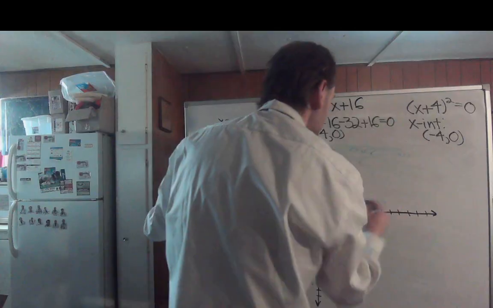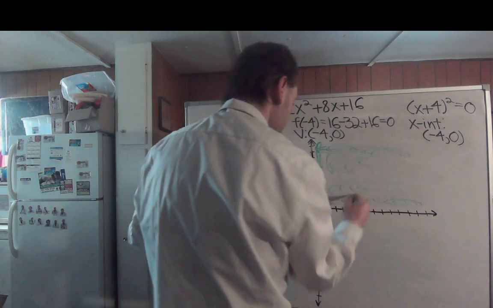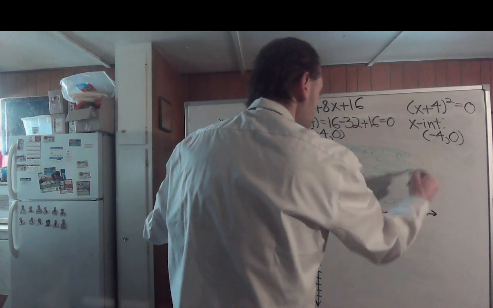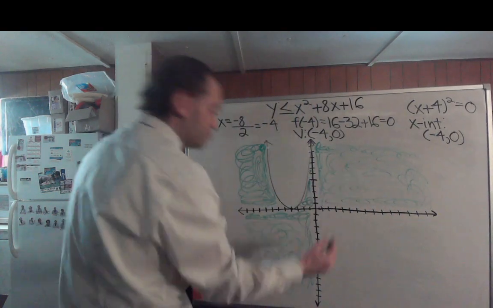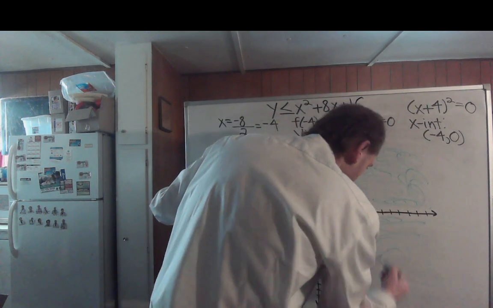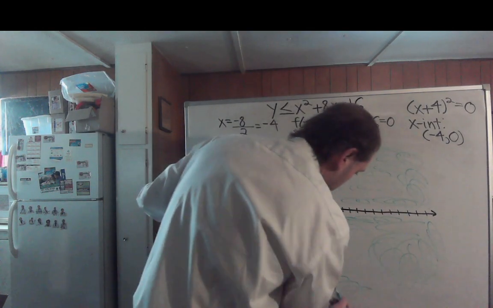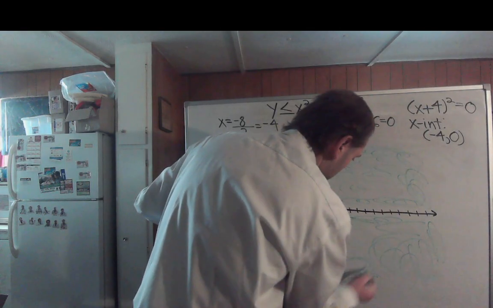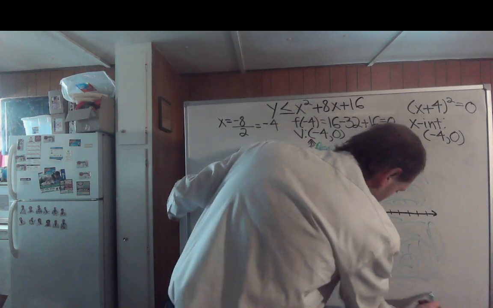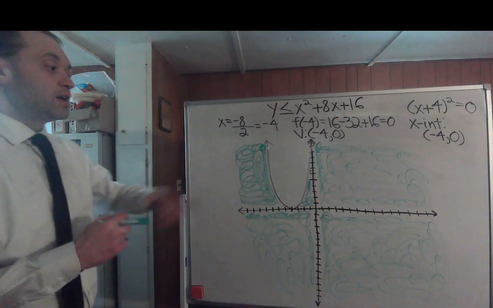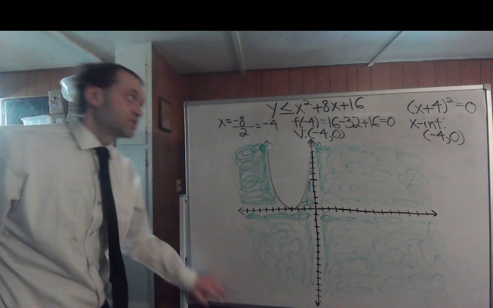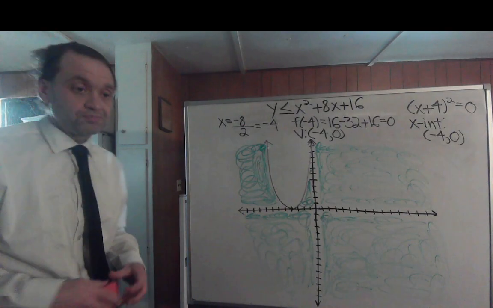See what a mess this is turning into? That's good for that. Let's do a little bit in the fourth quadrant here. I mean, good grief, this is a lot. So everything outside of the parabola will be shaded since that's part of the solution for the less than part.